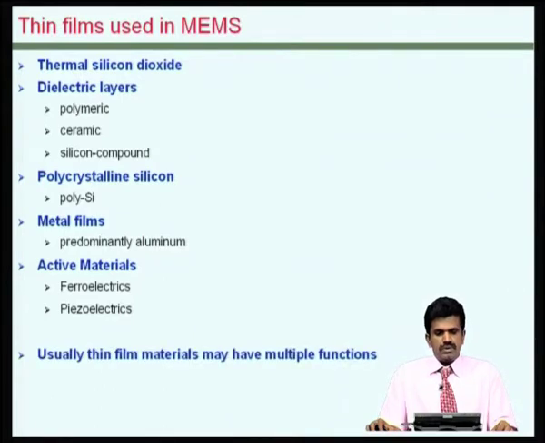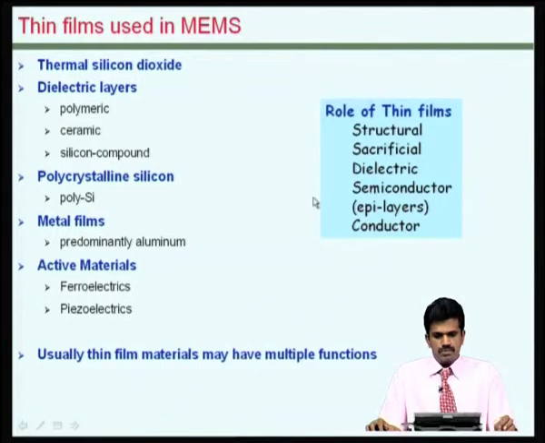These thin films can typically have multiple roles, and one of the common examples is polycrystalline silicon. As I mentioned, this could be used either as a contact electrode or as a structural member for microsystems.